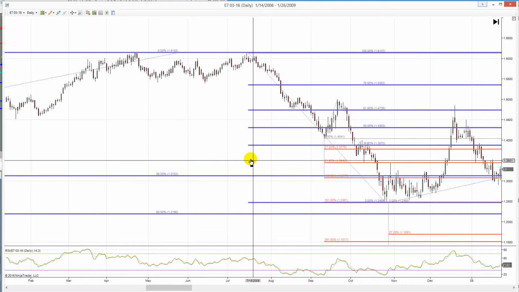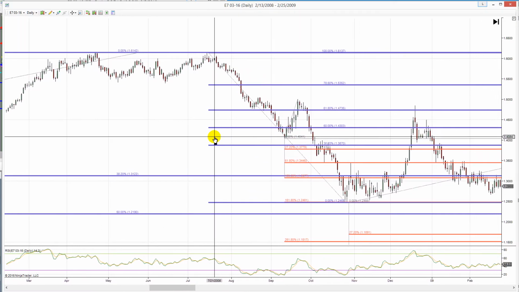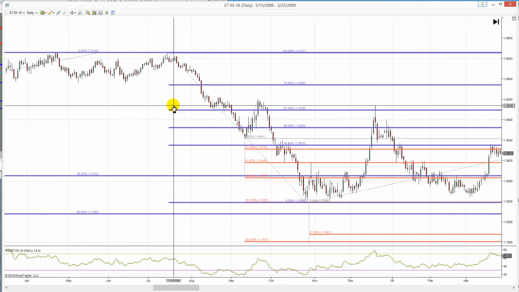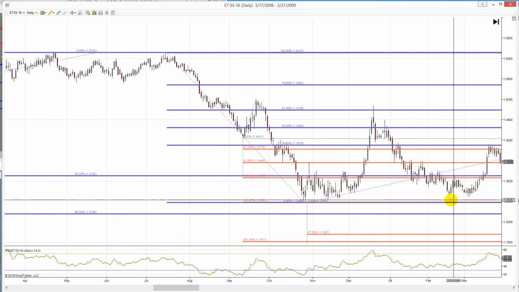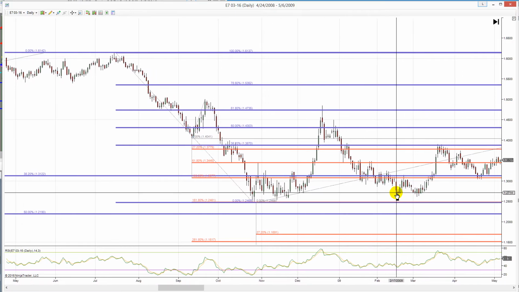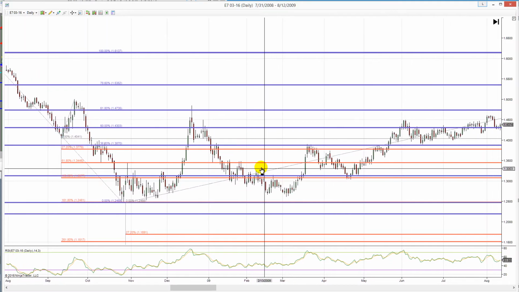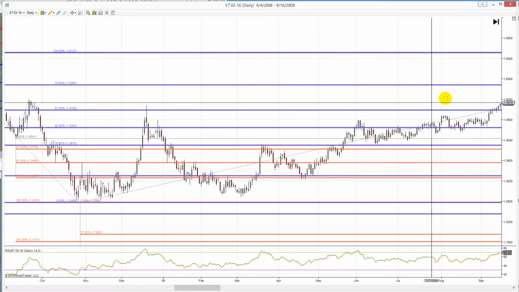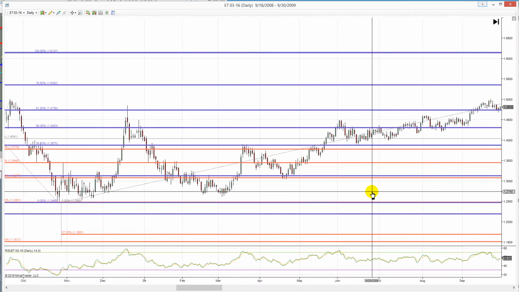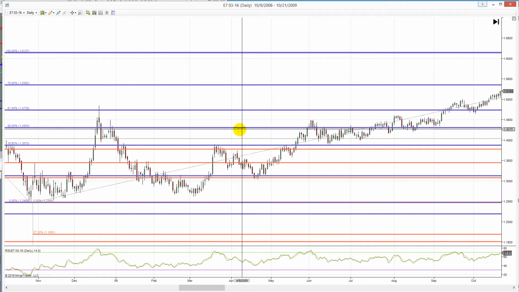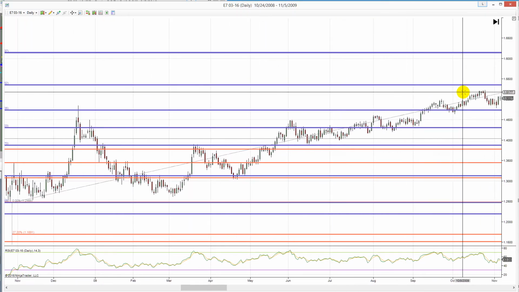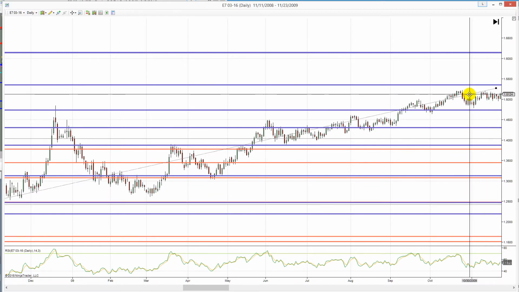And of course we know. So coming to that level, very important support here. Okay, that level was broken and we're going to see that level, which almost happened here.